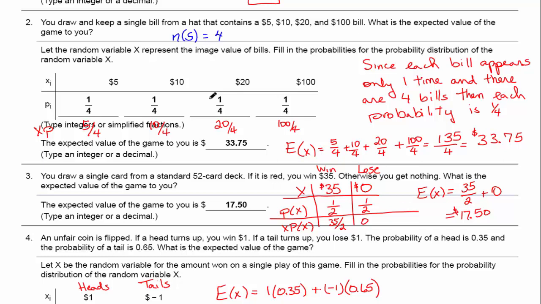If I average up all of these values that you are getting over 100, 1,000, a million times of doing this, in the end, we'll essentially be earning $33.75, even though there is no bill like that in the hat.